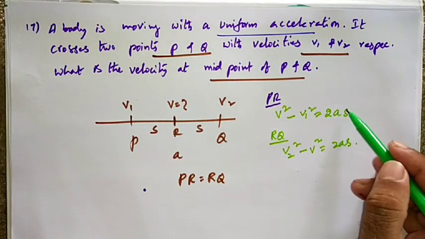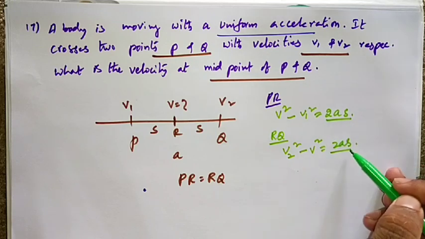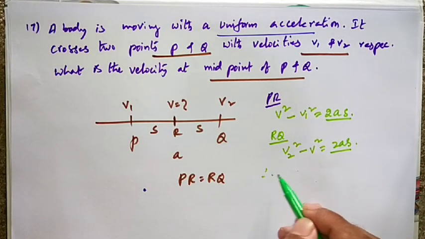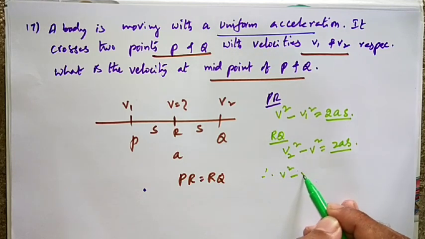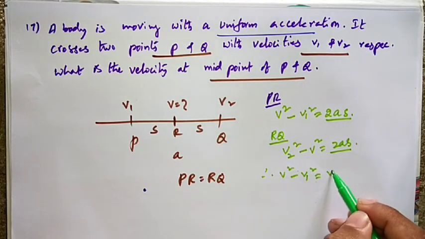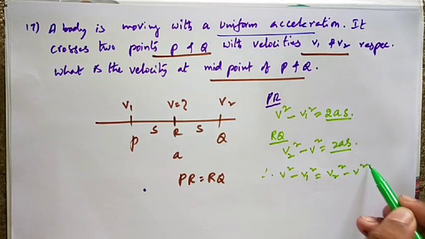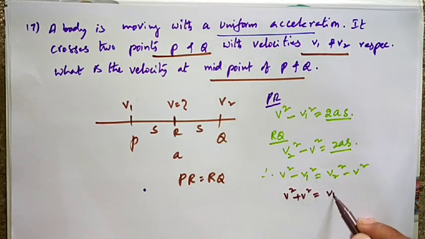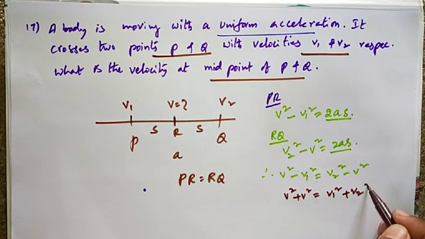You observe carefully, the right-hand sides are equal. Therefore, what can we write? v square minus v1 square is equal to v2 square minus v square. Now simplify that. We need to calculate v, so bring this side: v square plus v square is equal to v1 square plus v2 square.